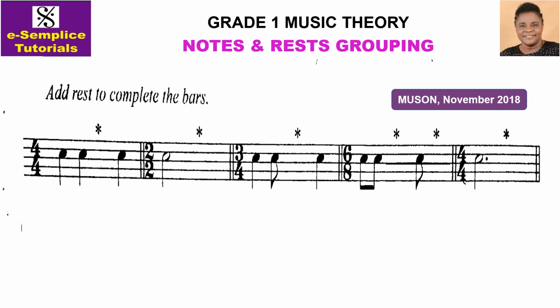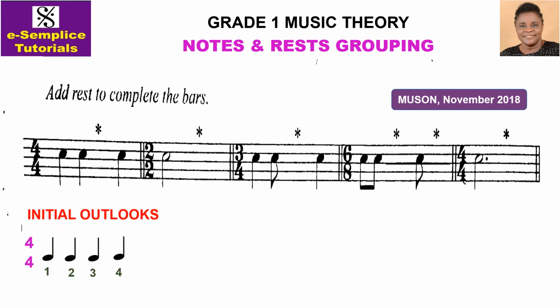This question says add rests to complete the bars. I prefer you still sketch the initial outlook. It will help you a lot. It will guide you in the right direction to go. Now the initial outlook 4/4 time.